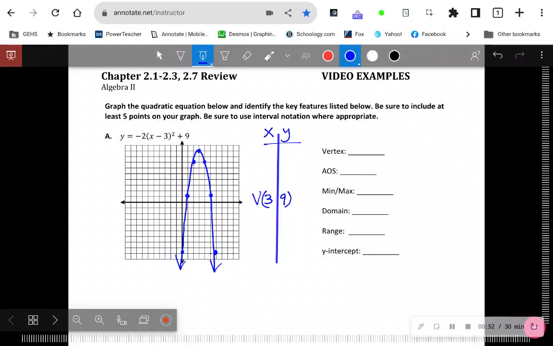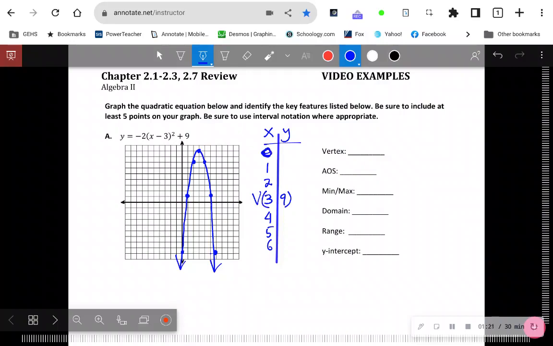Okay, then you can use your calculator. You go to the y equals key, put in the equation, and then go to your table of values and fill in the numbers to the left and to the right of that vertex. So to the right, you're going to go x equals 4, 5, and 6. And then to the left, 2, 1, and 0. And your table of values starts at 0.